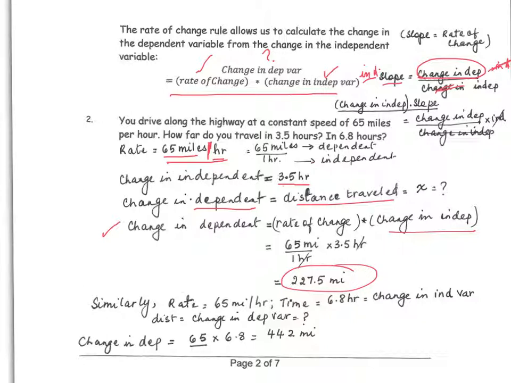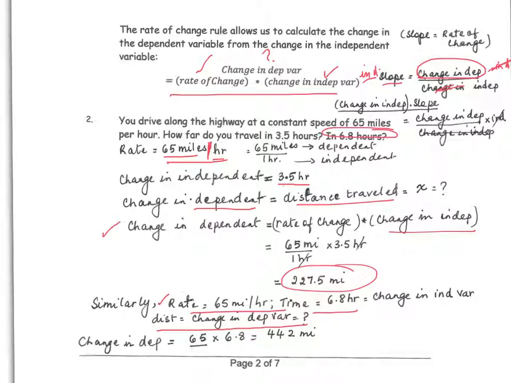So similarly, let's assume that the rate is exactly the same as before. Now we're answering the second question here. The time is 6.8 hours. That is the change in the independent variable. And the question asks, what is the change in the dependent variable, which means how far would you have traveled in 6.8 hours?